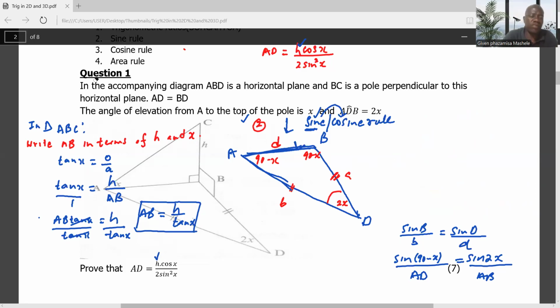Let's now simplify this. When we look at our expression, we have sine of 90 minus an angle, sine of 90 minus an angle.